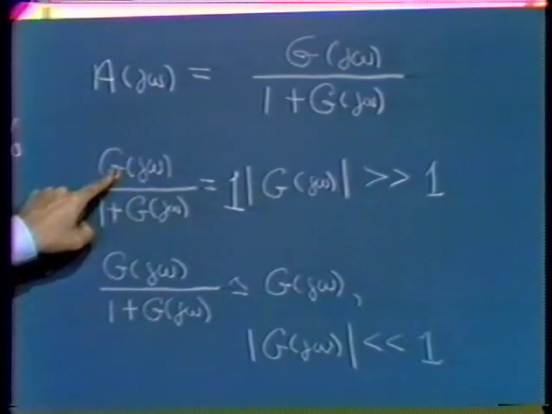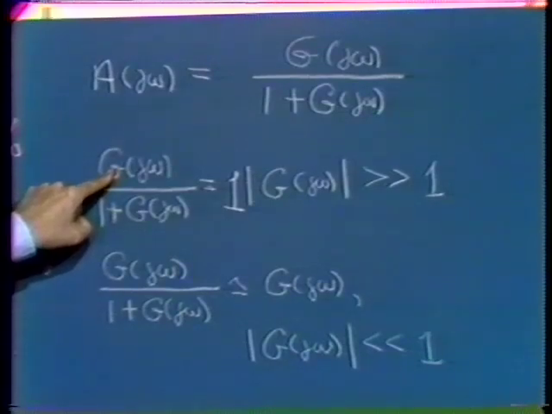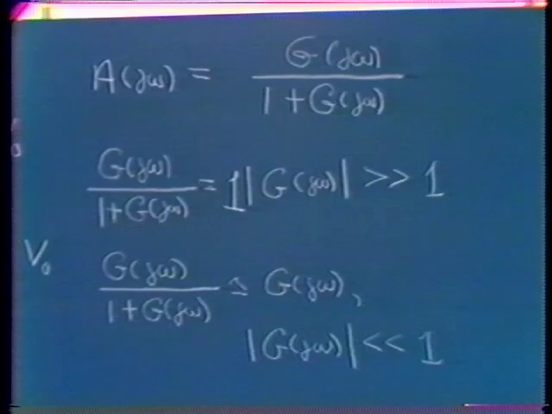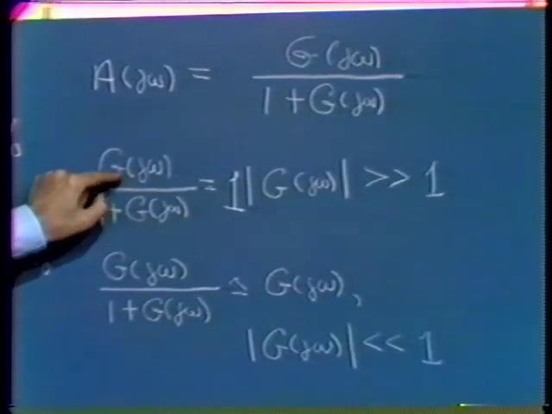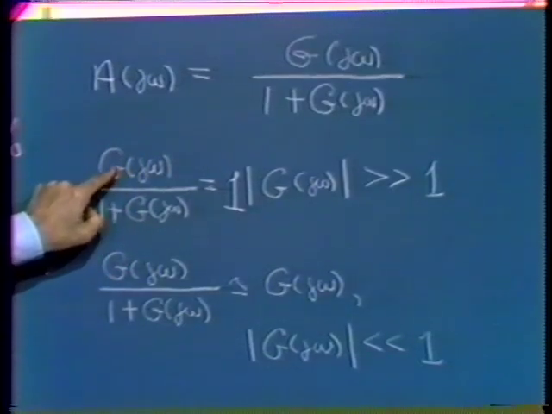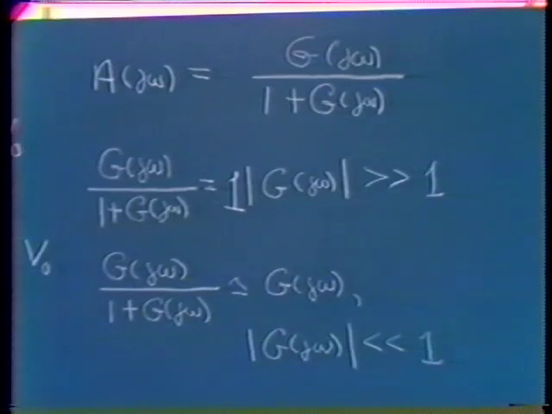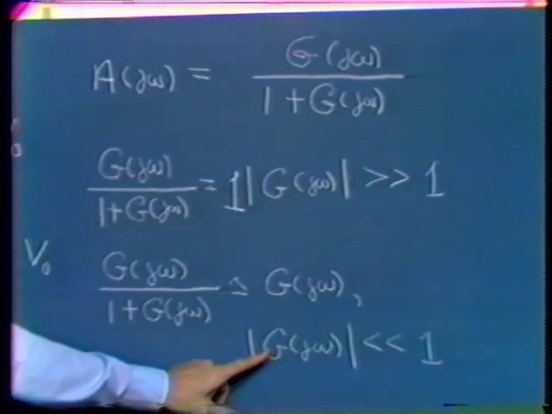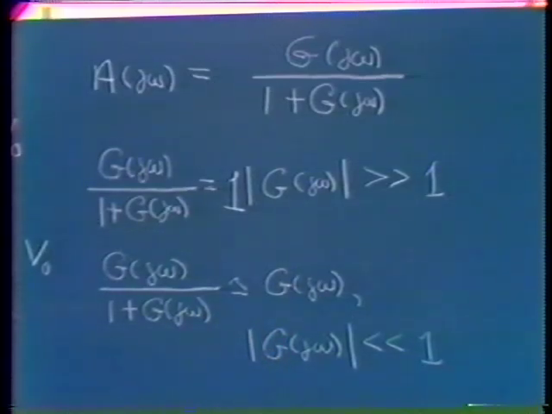Conversely, if the magnitude of G is about 1 and its angle is 0 degrees, we have a magnitude of about 1/2 for the G over 1 plus G product. So the place we have to focus on is what happens for magnitudes of G close to 1. At the extremes, for large or small magnitudes of G, it's fairly clear what the answer is.